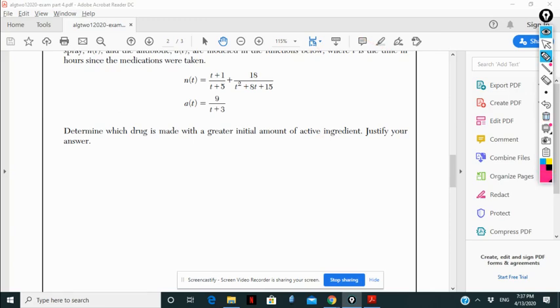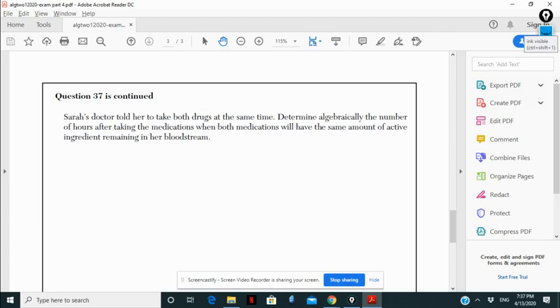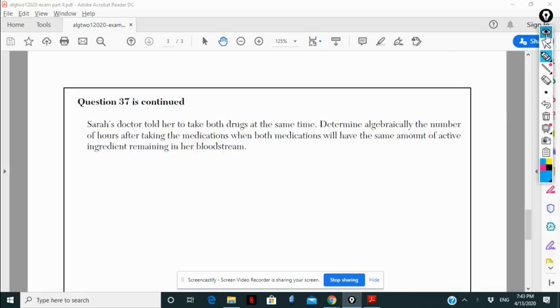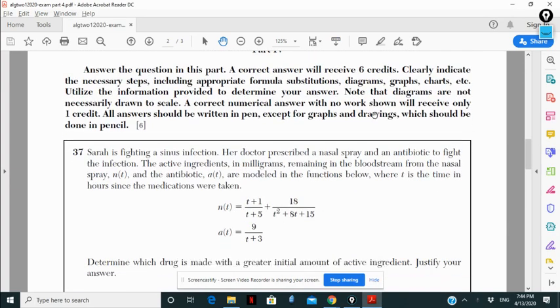Okay, now for the second part, Sarah's doctor told her to take both drugs at the same time. Determine algebraically the number of hours after taking the medication when both medications will have the same amount of active ingredient remaining. So now I'm going to set the two equations equal to each other to solve it algebraically.